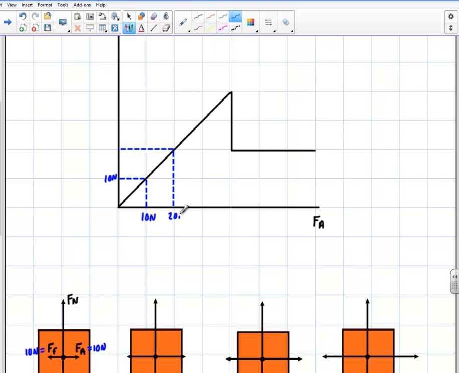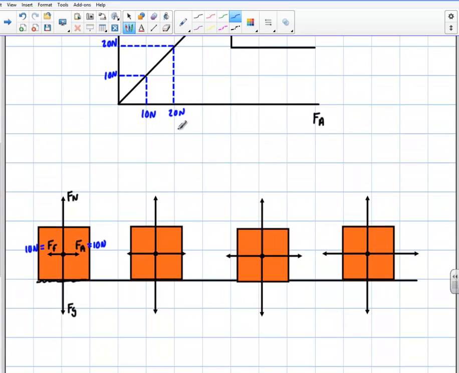Let's see what friction can do. Friction is going to push back with 20 newtons because it's still capable of doing that. So again, think about poker players and people bluffing. Force applied was 20 newtons, and the force of friction in this case was 20 newtons also. It's matching my force.